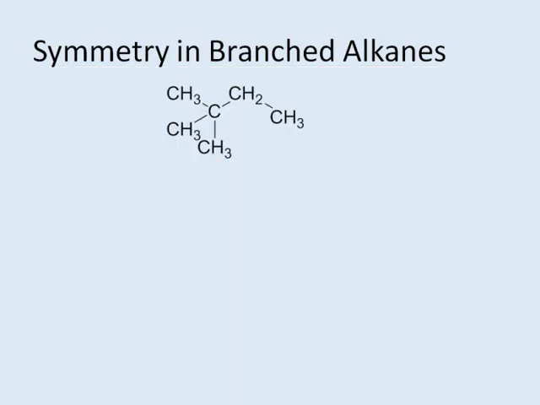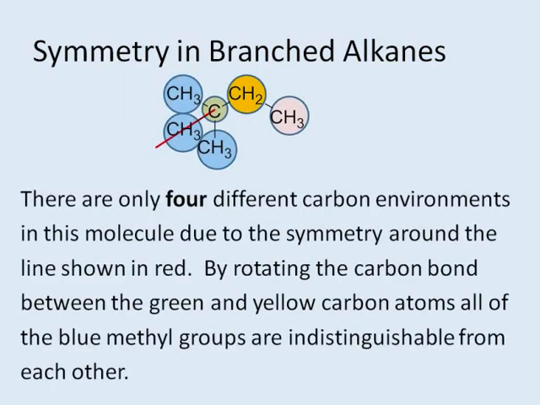In the second example, that of 2,2-dimethylbutane, we can identify a line of symmetry shown in red. There are only 4 different carbon environments in this molecule due to the symmetry around the line shown in red. By rotating the carbon bond between the green and the yellow carbon atoms, all of the blue methyl groups are indistinguishable from each other.